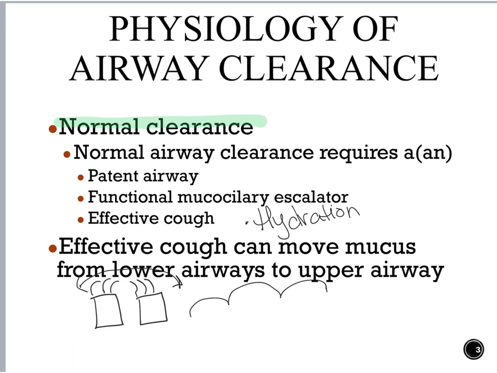If you have a problem with your cough, or your ciliated cells are not working, or there are fewer of them, or you have some sort of dysfunction in the cells, you won't be able to adequately move mucus.